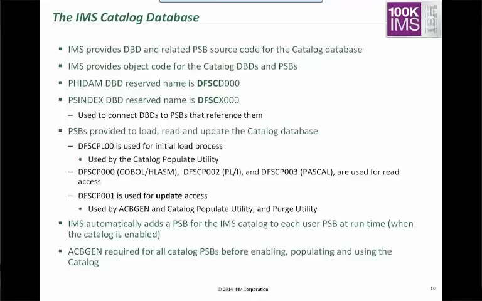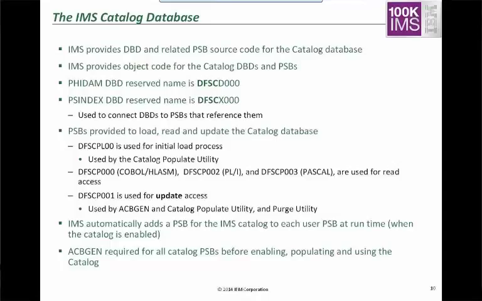Here they are. DFSCPL00 is used for the initial load of the catalog, and that's used by the catalog populate utility. The PSB DFSCP000 is used to access the catalog by COBOL or high-level assembler programs. DFSCP002 is used by PL/I programs. DFSCP003 is used by Pascal, and all of these PSBs provide read access.